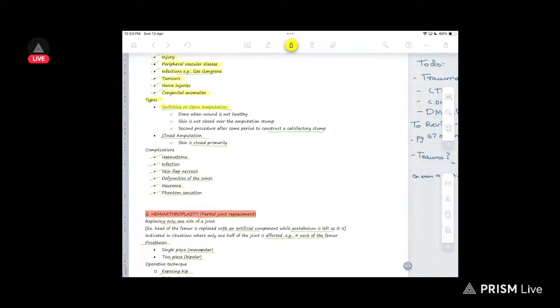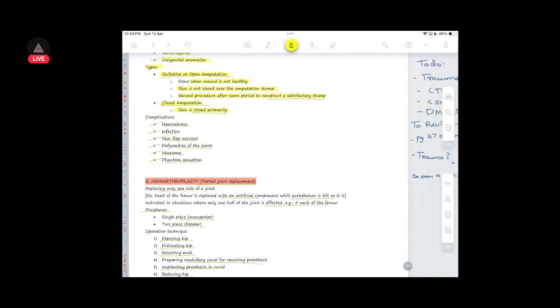Types: you can do open amputation with a guillotine when the wound is not healthy, skin is not closed over the amputation stump, and a secondary procedure has to be done after some time to construct a satisfactory stump. But most commonly closed amputation is done, where the skin is closed primarily.